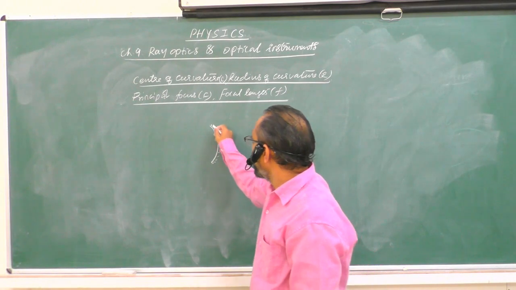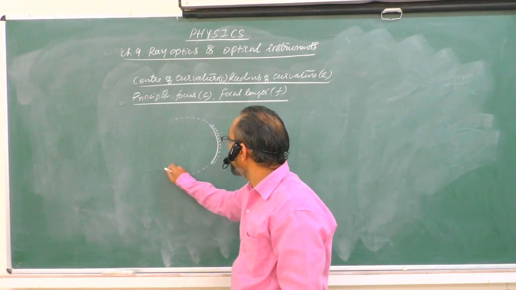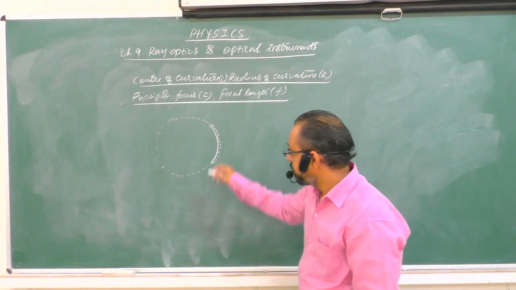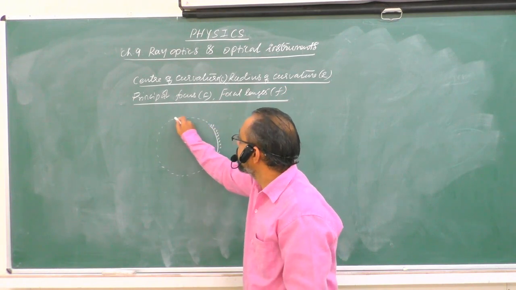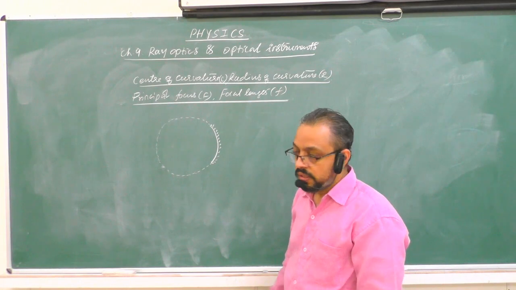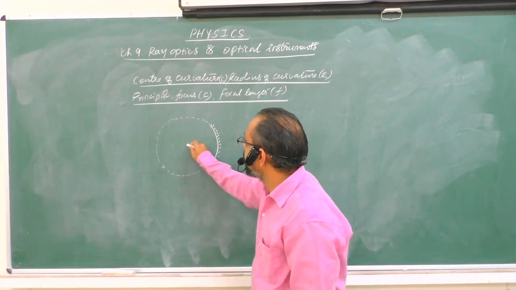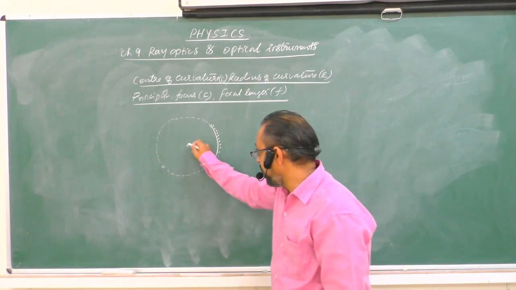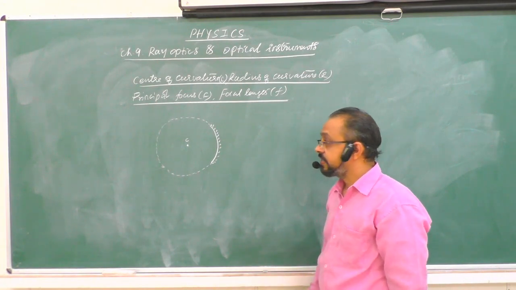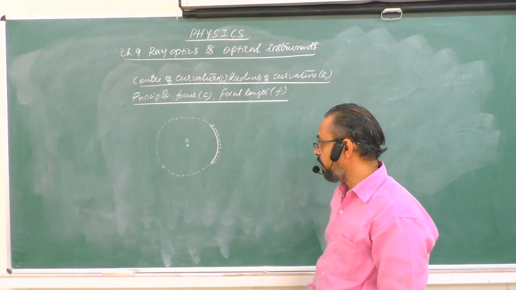If I extend this portion to complete a big circle like this, here becomes a big circle. The center of this circle is what we know as the center of curvature. This is how you have to guess the center of curvature.